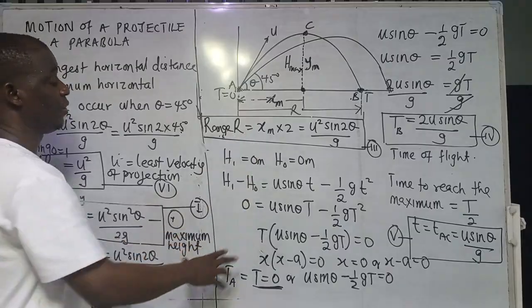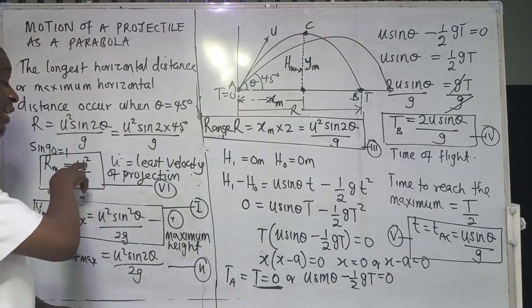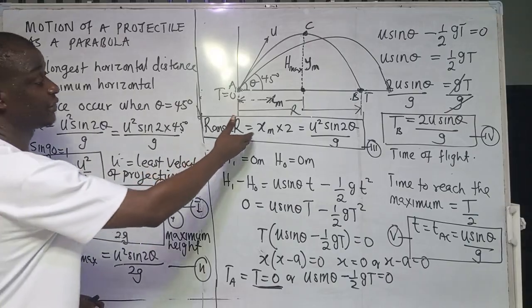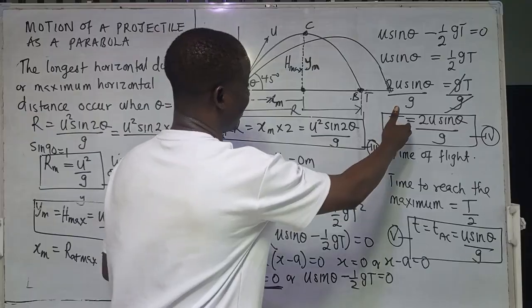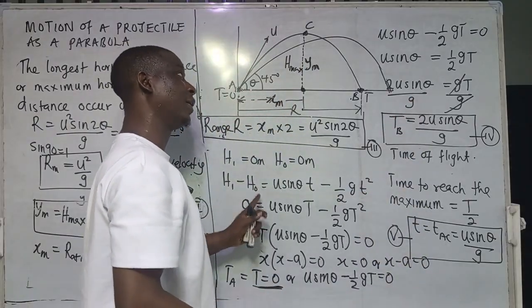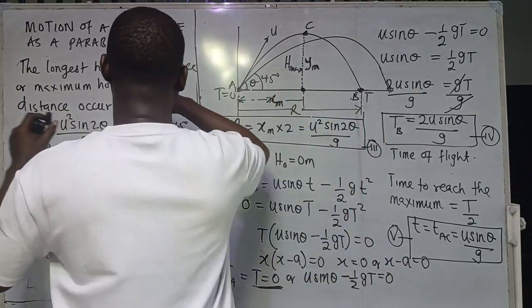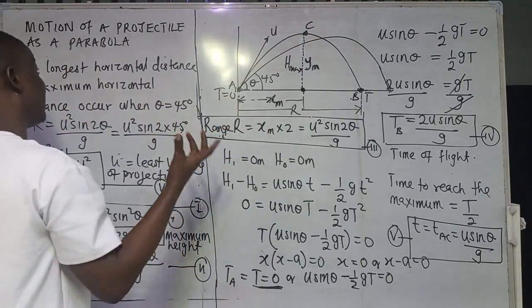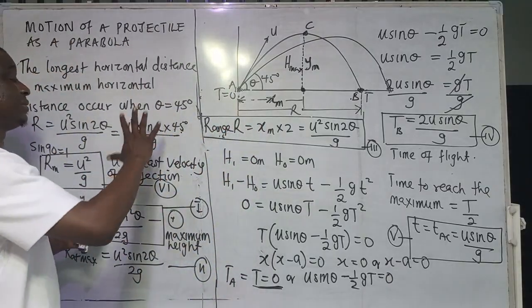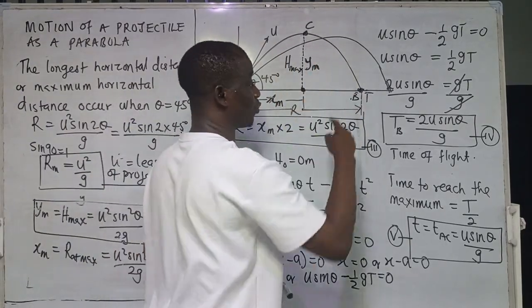This is case 1 where you require all these 5 major formulas. If you can calculate your range from this formula, you can calculate your time of flight. All these formulas will not be relevant for case 2. Because this case 1 is where I talk about the motion of a projectile as a parabola, assuming it started from the level of projection and returned back to the level of projection.